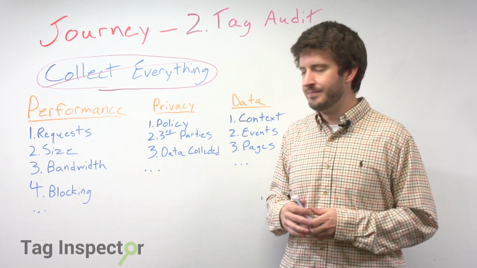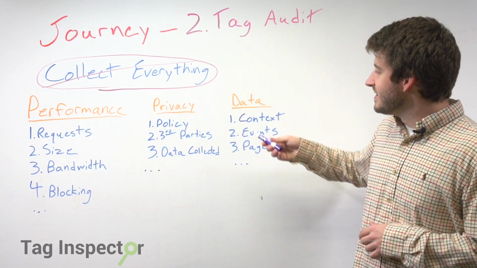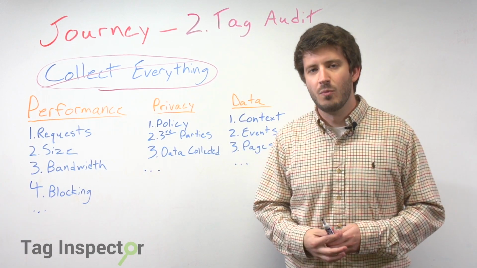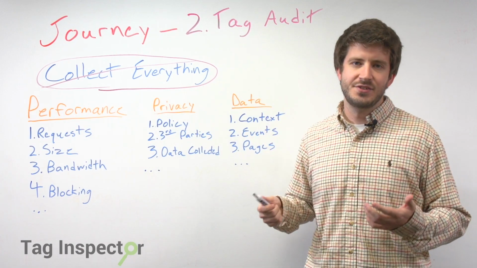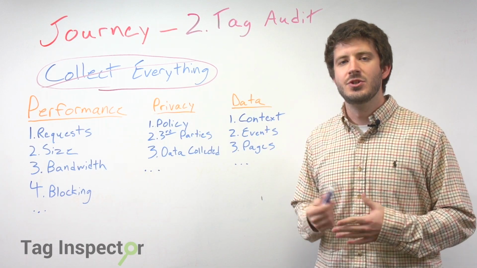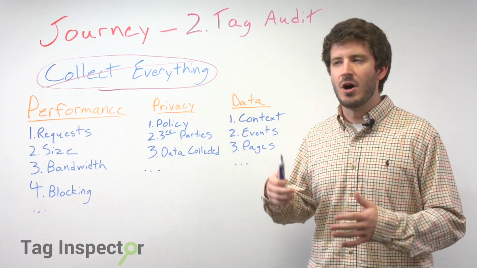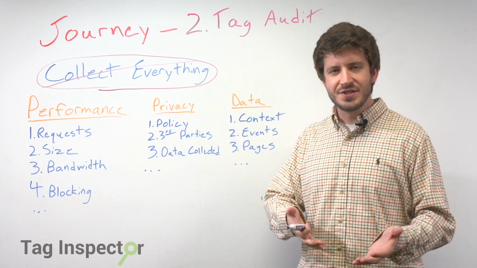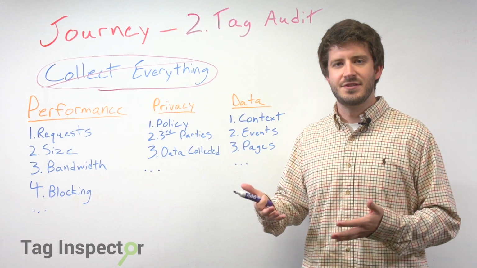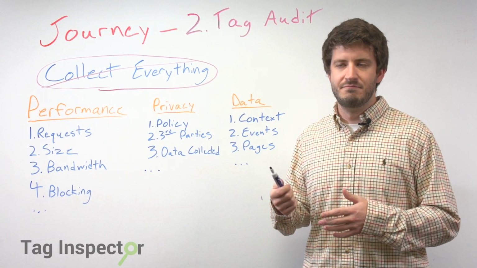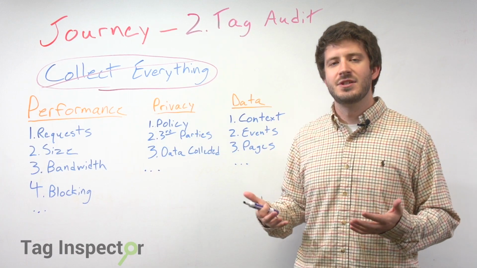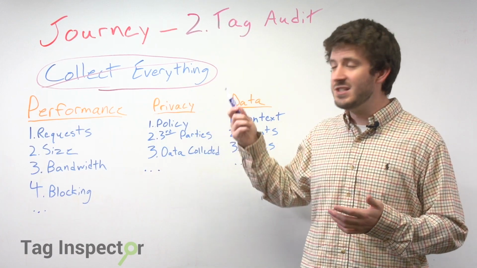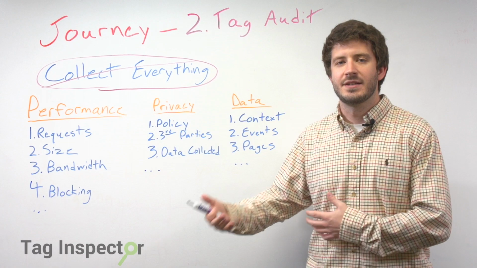The final piece to consider is, if the use case is more data or analytics driven, what is the context? What contextual information do you need to be collecting about users, about the pages being visited, and about the interactions they're doing on the website? We need to know what interactions we need to be tracking, and also what is being tracked now.